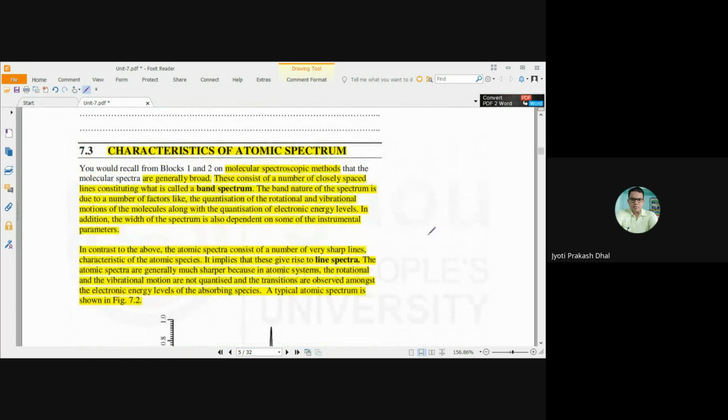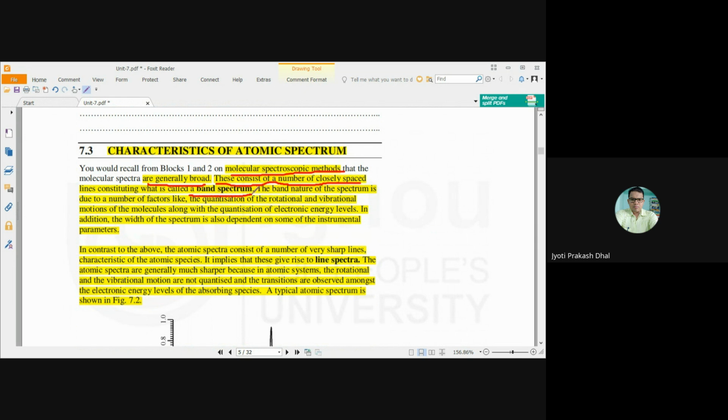Now coming to the characteristics of the atomic spectrum. In the previous 6 modules we discussed the molecular spectroscopic methods. For molecular spectroscopic methods, the peaks are generally broad because these consist of a number of closely spaced lines constituting what is called an energy band.